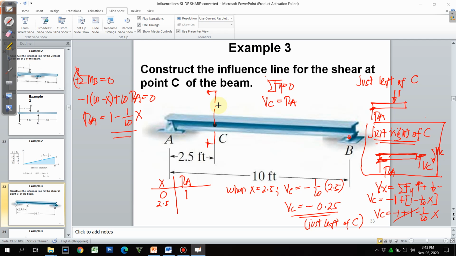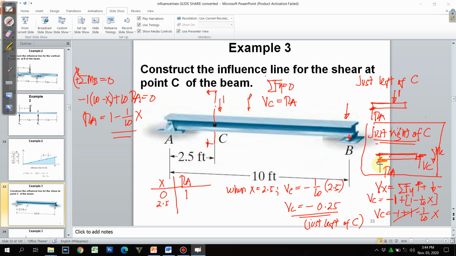So that is just right of C. And then at any point whenever 1 is moving towards the right until B, just the same, it will yield a cut section like this, wherein 1 here, regardless of the distance, your section is still like this.